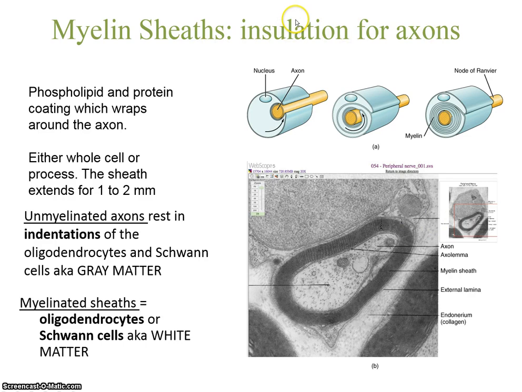All right, so this is looking at the myelin sheaths. Again, we talked about this as insulation for the axons. So here is an actual image of this, and it shows you this is a transmission electron micrograph. So many layers wrapped around. So collectively, the myelin sheath made up of a Schwann cell.